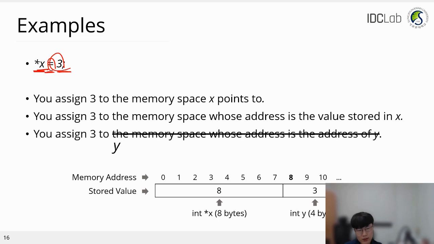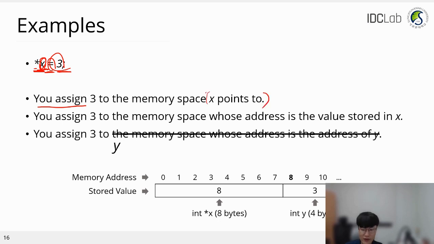What it does is that first we read the value stored in x, which is the memory address of y, and the reference operator accesses the memory space whose address is the following number. Here the following number is the value stored in x. So the statement can be interpreted like you assign 3 to the memory space that x points to.